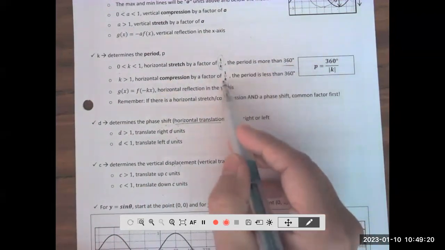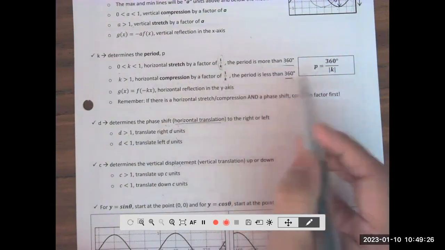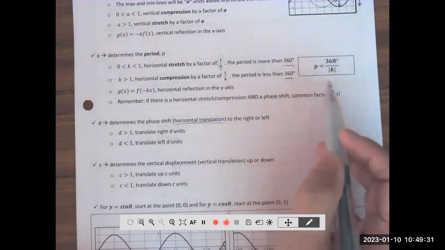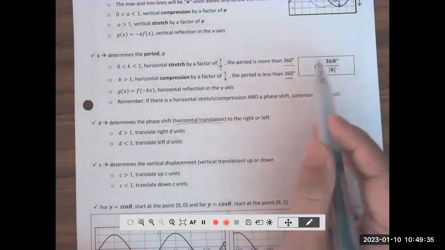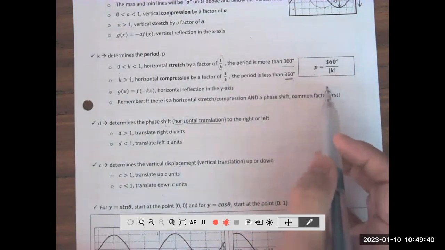If there is a compression, the period will be less than 360 degrees, which is, again, 1 cycle. How do you calculate the period? You need to memorize this formula. Okay, I will ask you for this information on your culminating and your exam. You need to know how to calculate a period.